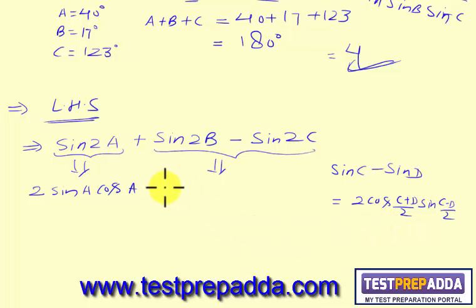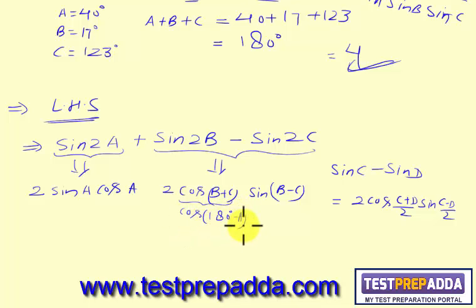If I use this here, it will be transformed into 2 cos(B+C) into sin(B−C), with the half angles. Got it? Similar to the previous case. Now this time what we do here, B plus C I'll write as 180 minus A. So this I can write as cos(180° − A).